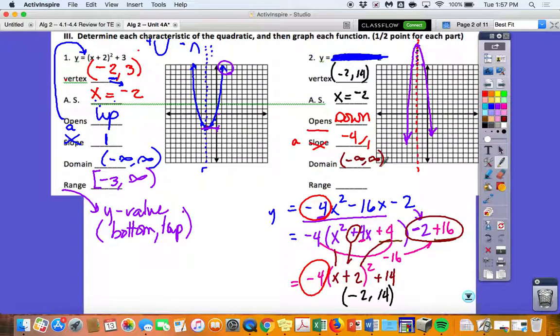Now your range is different for every problem. Remember, it's the bottom and then the top. So what is the bottom of this graph? Well, if I look at the graph, the bottom of it's got arrows in it. So what does that mean? Hopefully you're thinking negative infinity, because it keeps going forever. So where does it top out?